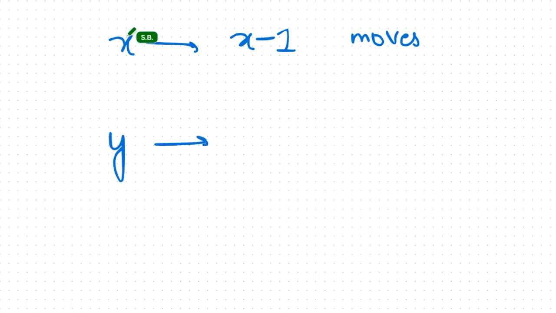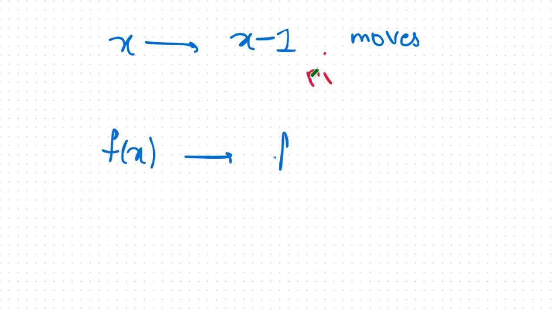So in the graph, in the formula, if x changes to x minus 1, moves left or right? Moves right.